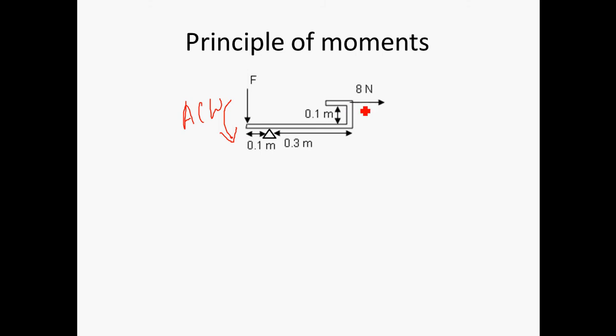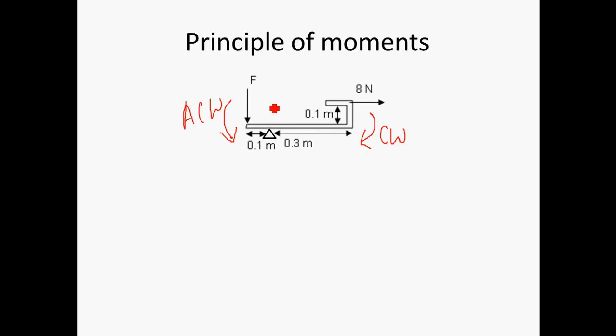Although this force is acting in this direction, if you just imagine pulling this rigid L-shaped thing in this direction, you will still rotate downwards. So because of that, this is still a clockwise moment. Now the only hard part is that for this 8 Newton force, what is the perpendicular distance?